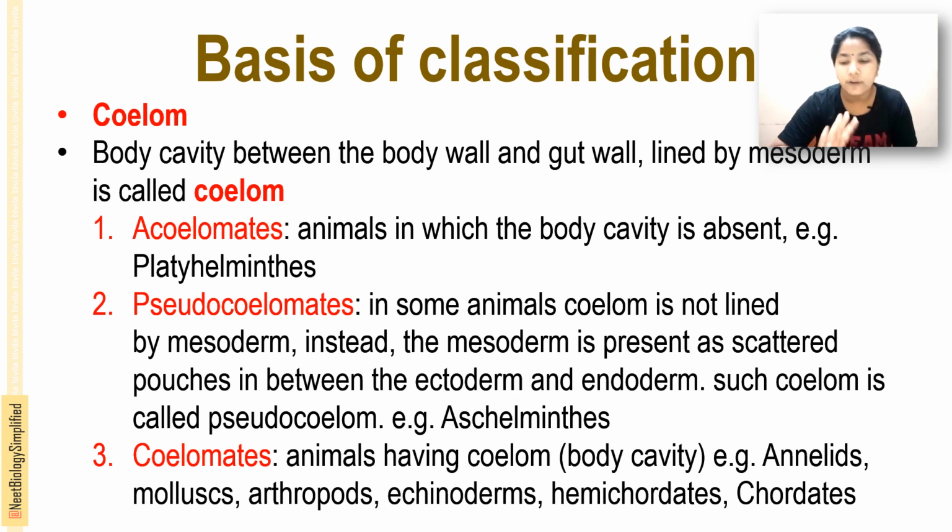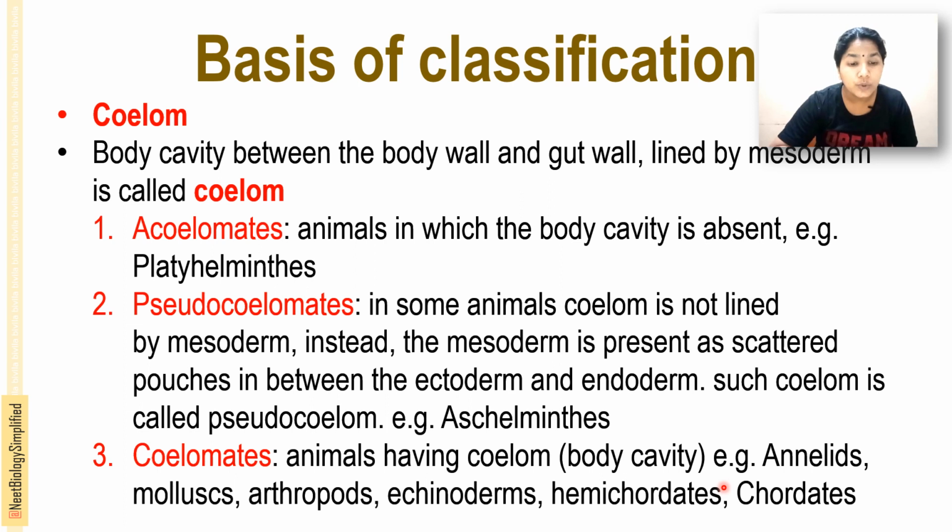So those kinds of animals which do not possess the body cavity or the coelom are called acoelomates. And coelomates are the animals that possess the coelom or the body cavity. Annelids, mollusks, arthropods, echinoderms, hemichordates and the chordates. These are the examples of the coelomates, that is animals having the coelom or the body cavity.